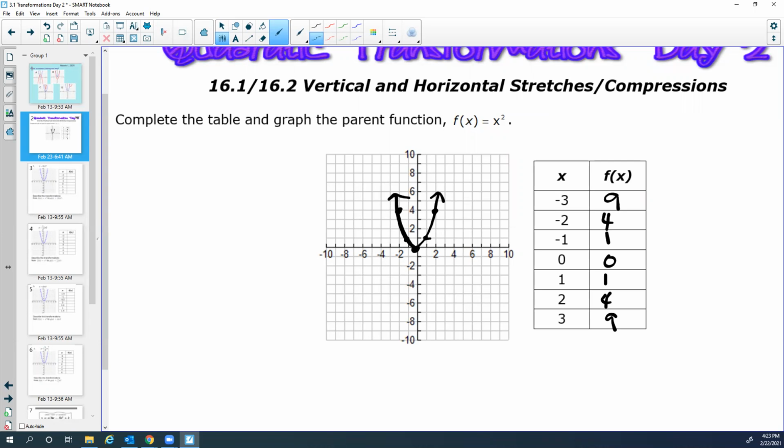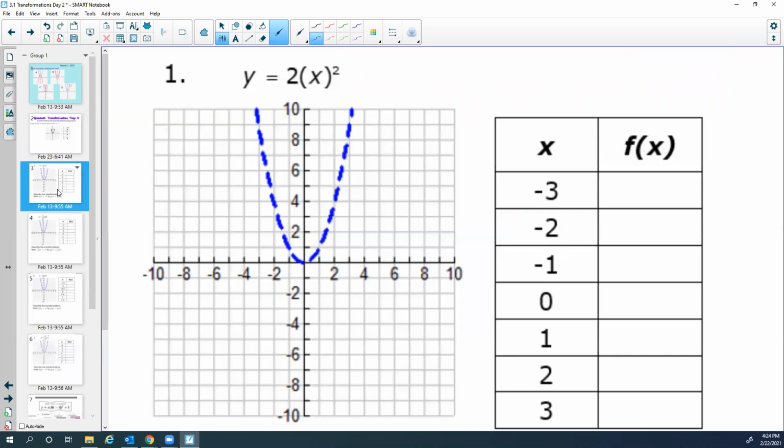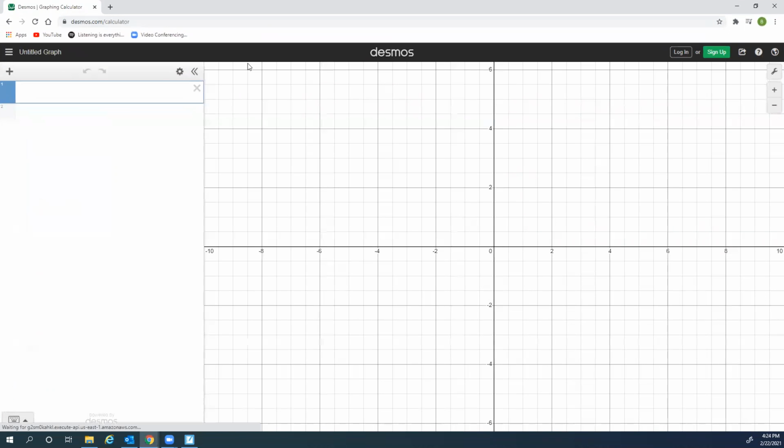All right, so we're going to hit on a few more transformations today. First things first, I have 2x squared. Let's pull up Desmos and see what this looks like. So here's my graph.